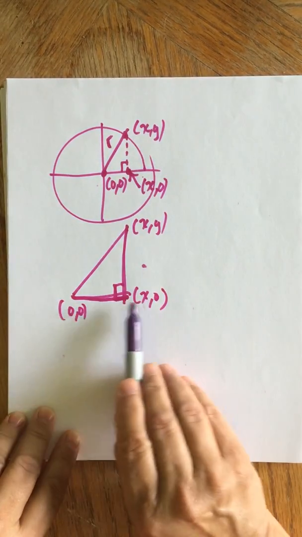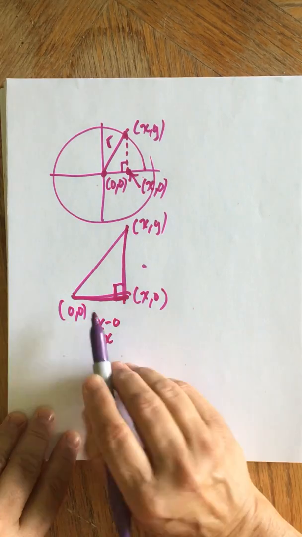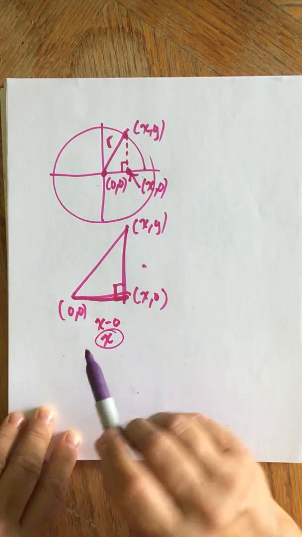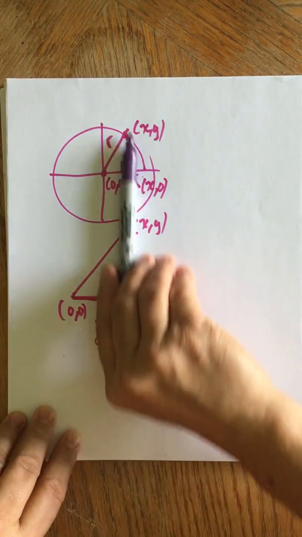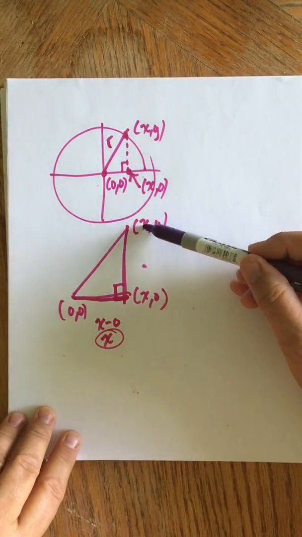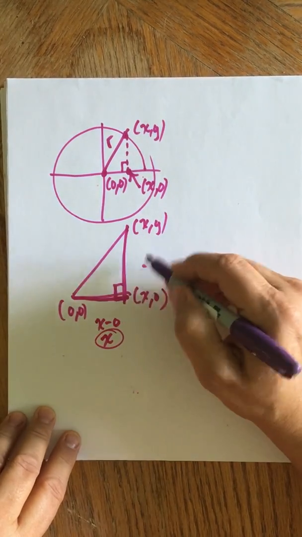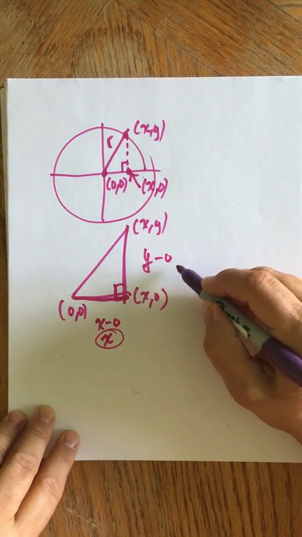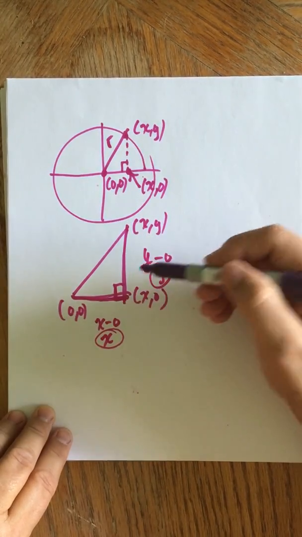The only difference is the horizontal position, so you would look at x minus 0, which would just be x. So the length of this is x. If you did this here, both points have the same x coordinate, so they only differ in their y coordinate. So this would be y minus 0, or just y. So the length of this is y.